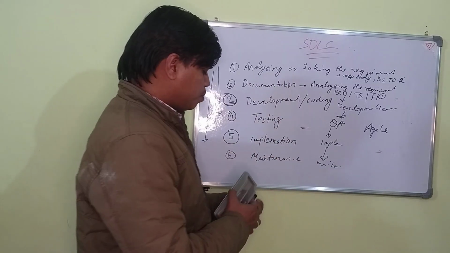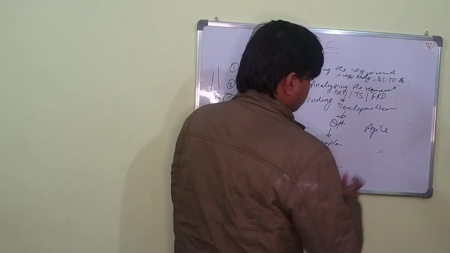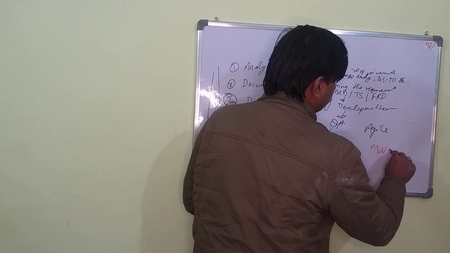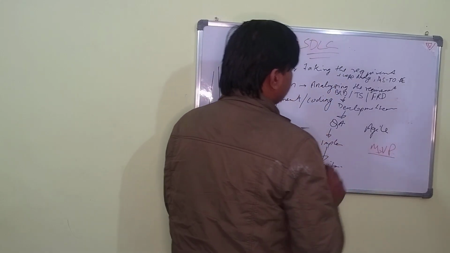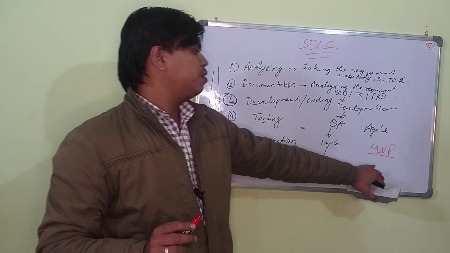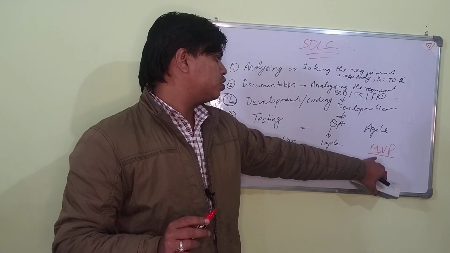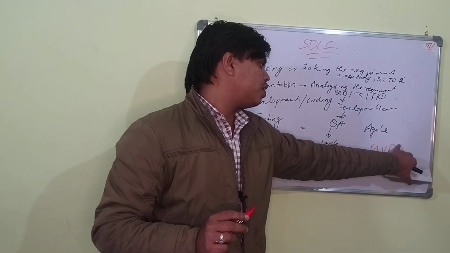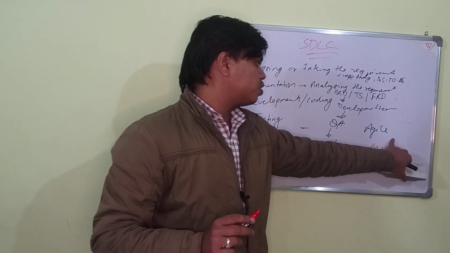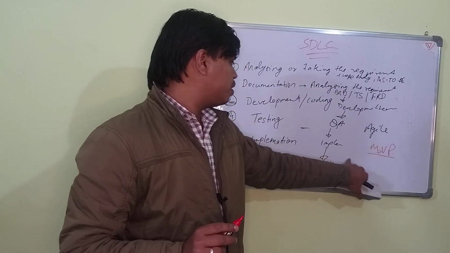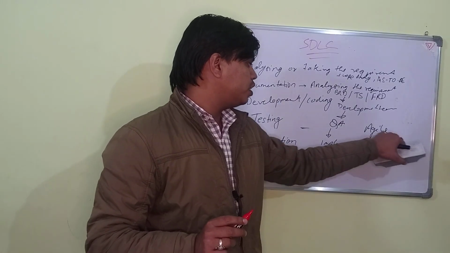So here there is the concept of MVP, minimum viable product. This is the crucial phase, that we will first identify the minimum viable product, and then give it to the development, testing, and implementation teams so they start developing this.